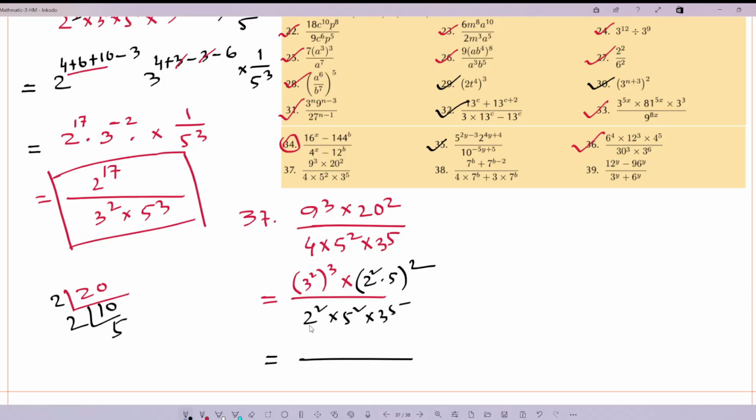Then 3 to the power 6 times 2 to the power 4 times 5 square, and here is 2 square times 5 square times 3 to the power 5, right?